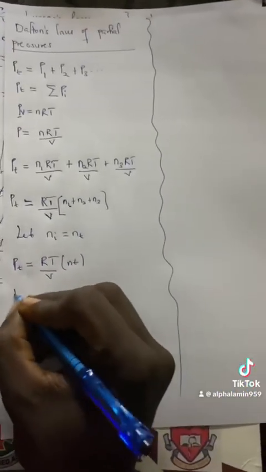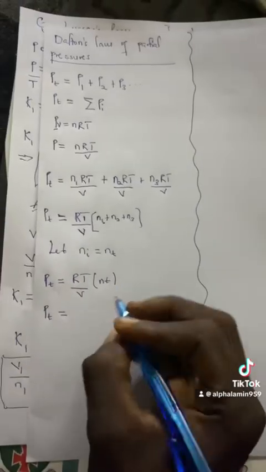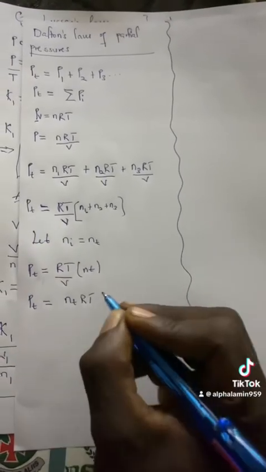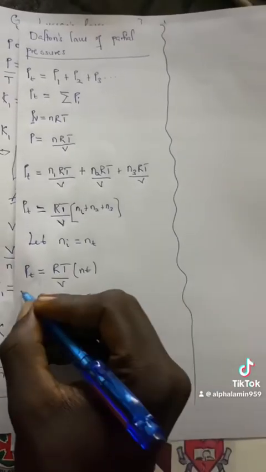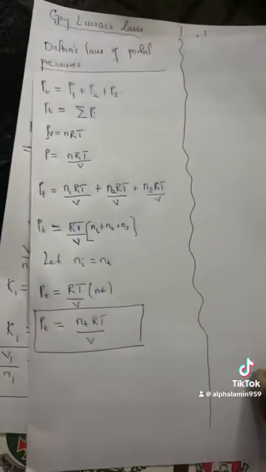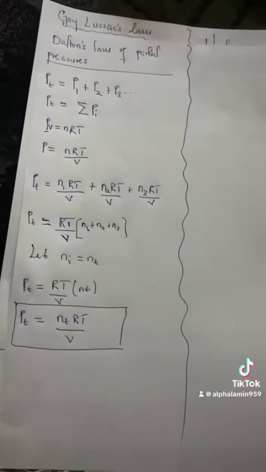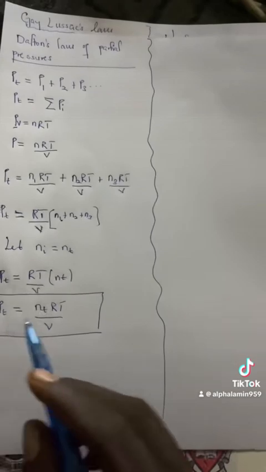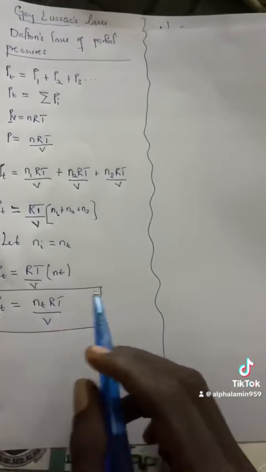So this will be the same as Pt equals Nt RT over V. This is the relation you can use if you're asked to find the total pressure of a gas using Dalton's law of partial pressures. P total is equal to N total multiplied by RT over V.